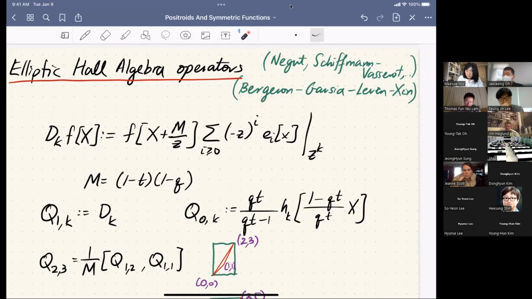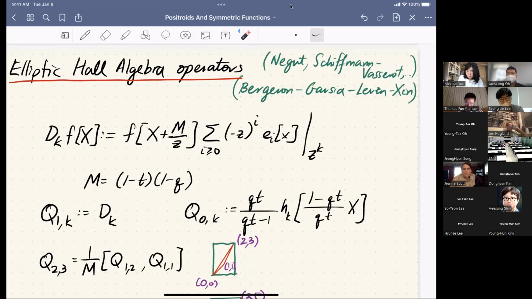The elliptic Hall algebra is generated by some operators called Q_{a,b}, and I'm going to define these operators. First of all, the elliptic Hall algebra is defined as a non-commutative algebra by generators and relations, and separately it has an action on symmetric functions.